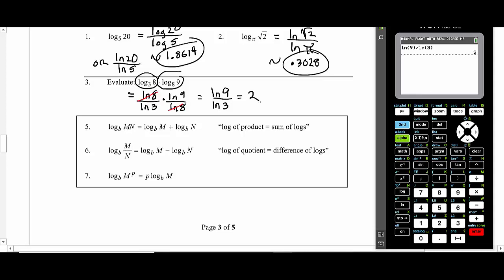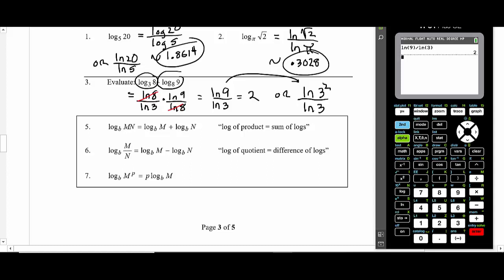So what you would end up having with that is, you could work that out on the calculator, or you could write it like this. This is really what happens on this problem: ln of 9 could be written as ln of 3 to the second. This is why the calculator gives you a 2.